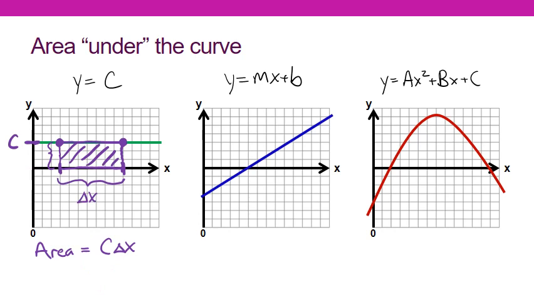Looking at the linear graph, we can talk about the area under the curve. If we pick 2 points, say this one and this one, you can see the region between that curve and the x-axis is this shaded region. Well, that's a triangle. And the area of a triangle is 1/2 the base times the height.